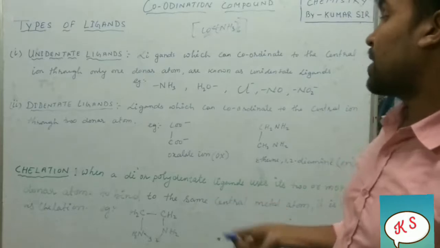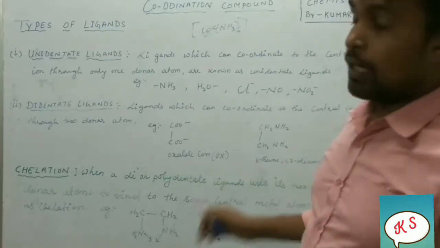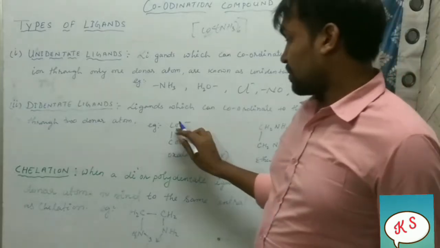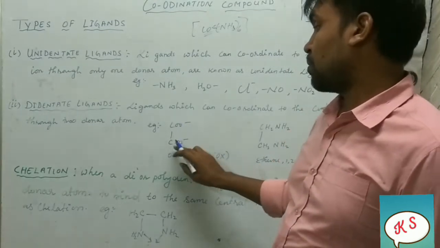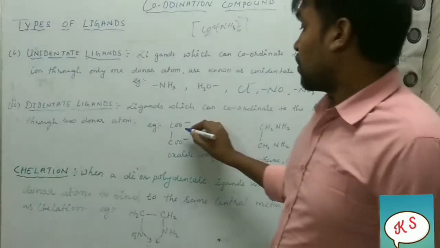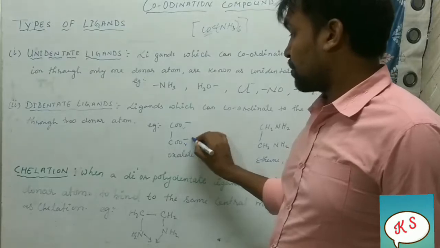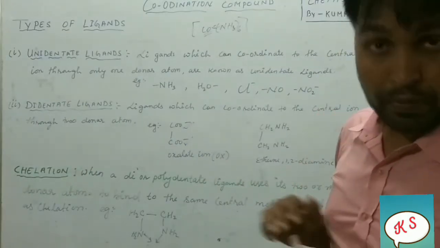One common example is the oxalate ion. It is represented as ox. In the oxalate ion, COO negative, single bond C, double bond O, negative, they can form a coordinate bond through this oxygen and through this oxygen. So there are two positions through which the coordinate bond can be formed.